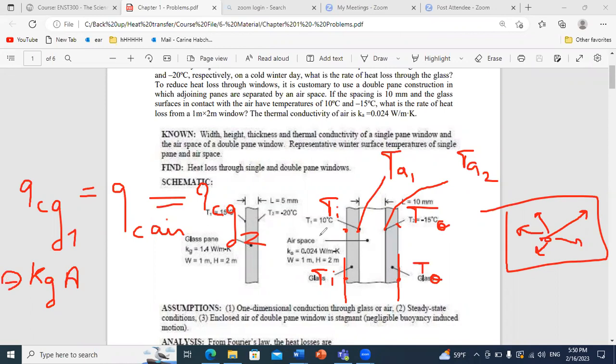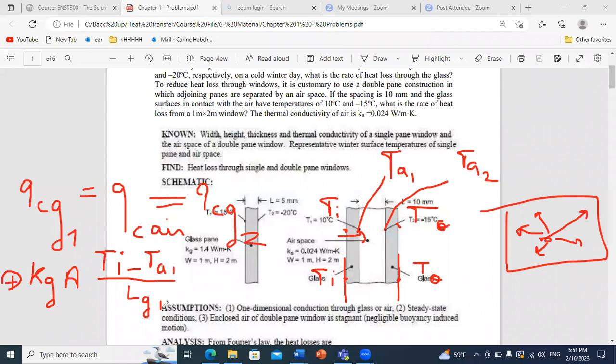So since I know it will flow in this direction, I will just take the absolute value of delta T. So I can take T inner minus TA1, so then I put plus because I did it in the reversed way, T inner minus TA1 over the thickness of this first glass layer. I will call it L glass 1.